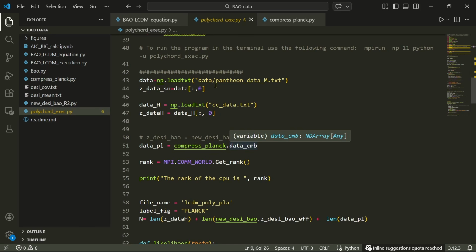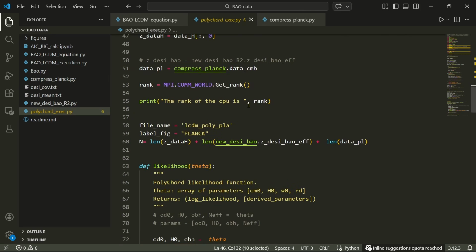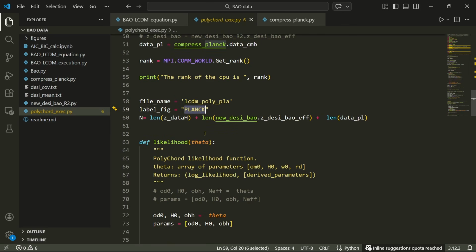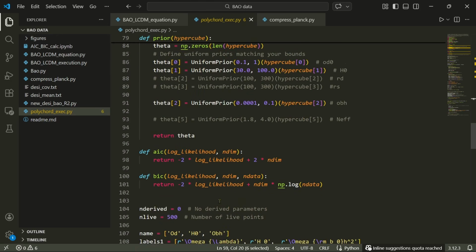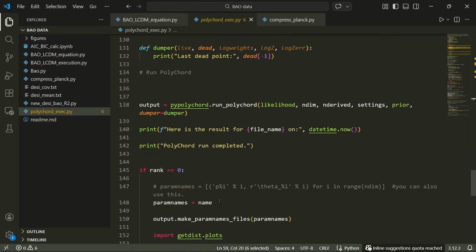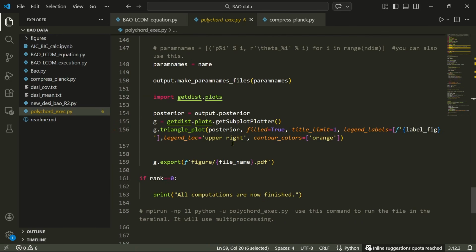For instance, if I use the Pantheon data, if I don't apply any filter, then there are I think 1701. In CC data we have 32 data sets, and similarly in the Planck we have 4 observables, so this becomes a 4. In DESI BAO it becomes 13. Similarly, we have to add all the data sets in order to compute the AIC, BIC, and all these things. Okay, so this is Polychord.